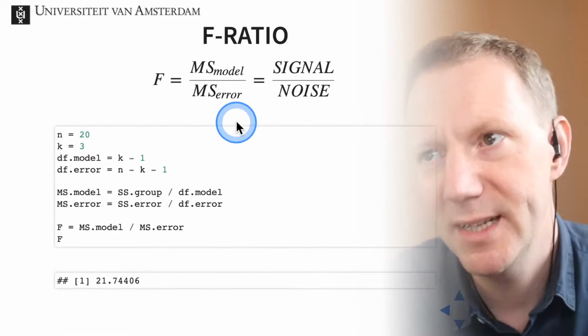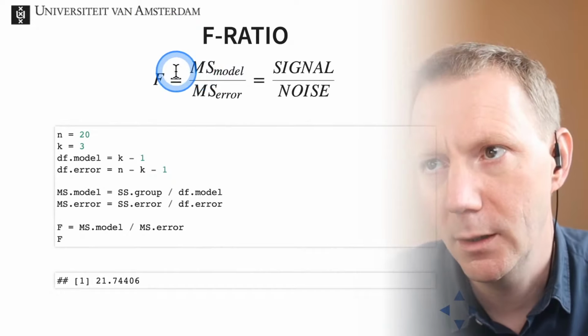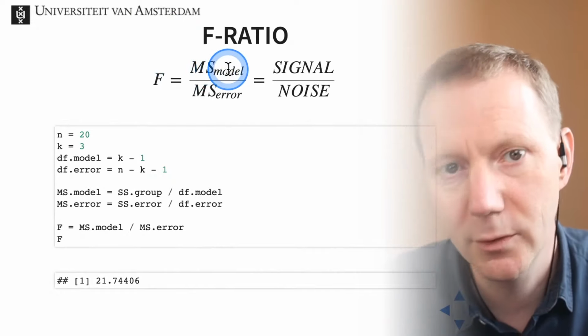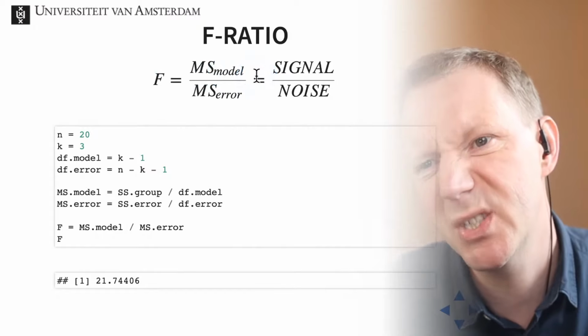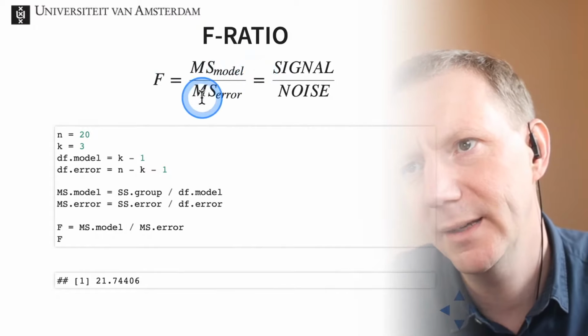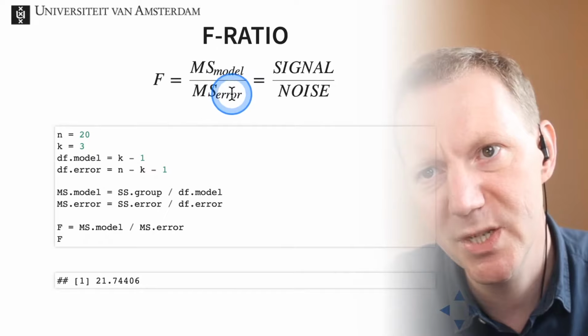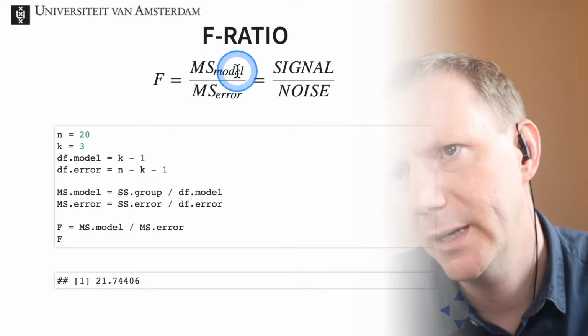The way it's done is by calculating the mean squares for this specific model, and calculating the mean squares of the error for this specific model.